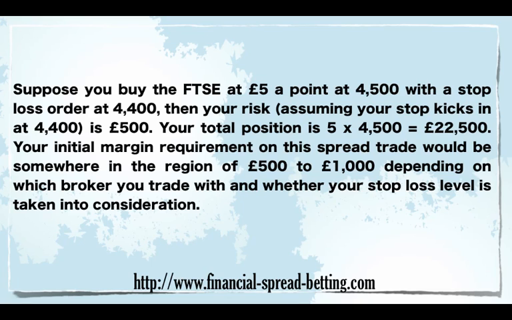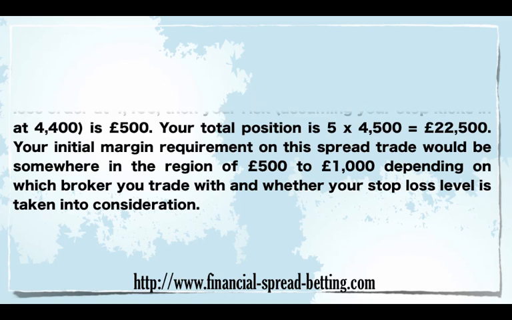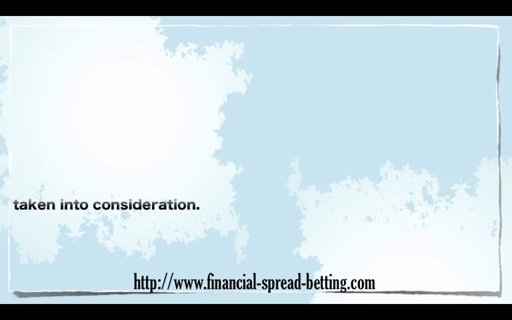Your total position is 5 times 4,500 equals £22,500. Your initial margin requirement on this trade would be somewhere in the region of £500 to £1,000, depending on which broker you trade with and whether your stop loss level is taken into consideration.